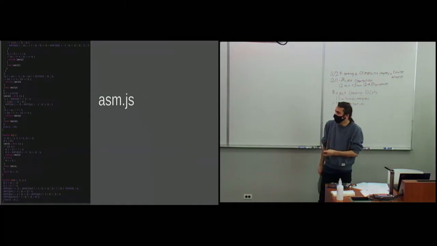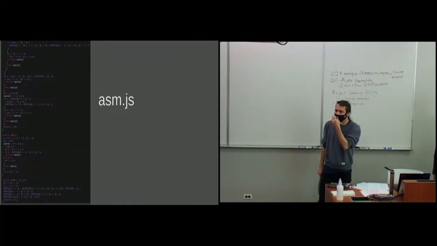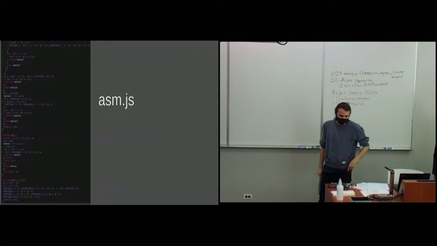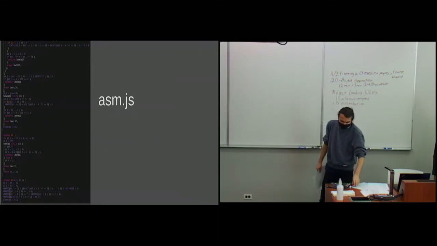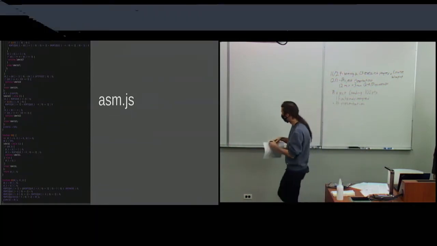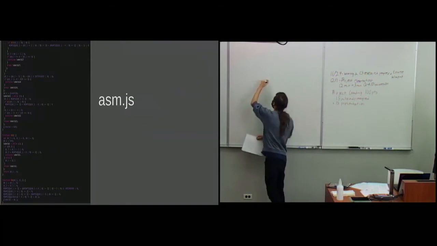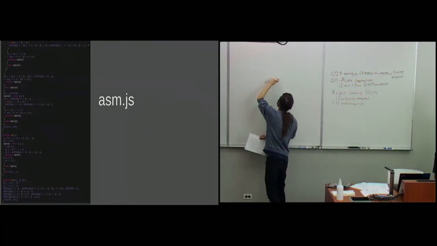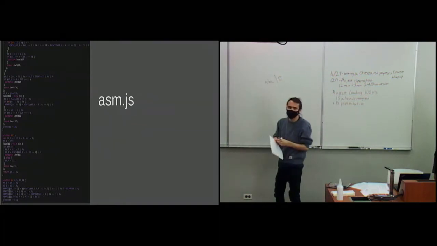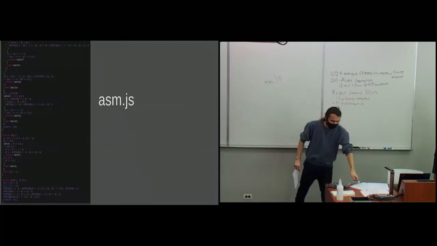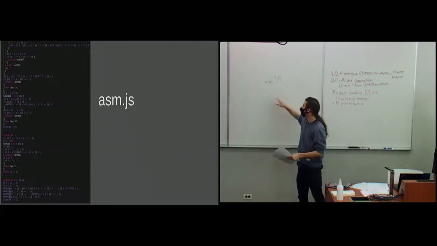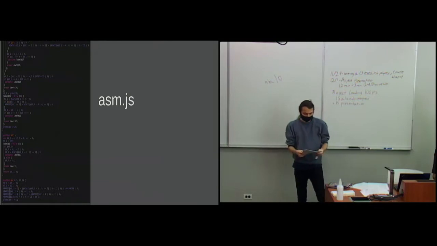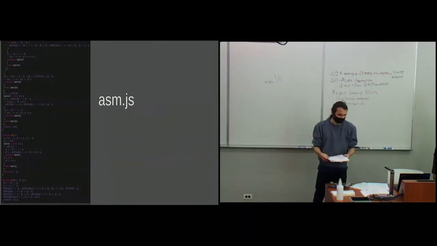They actually just use JavaScript and rely on the fact that browsers are super good at optimizing the code. So what you do is you write something like a, b, c, or 0, and the browser is smart enough to say, hey, that's an integer, because you're doing the bitwise OR with 0.